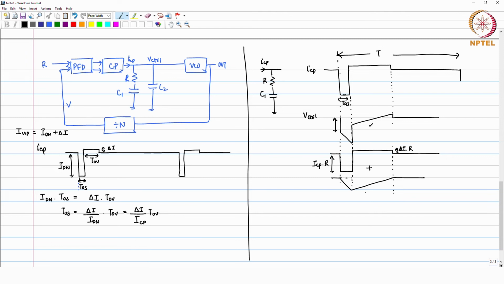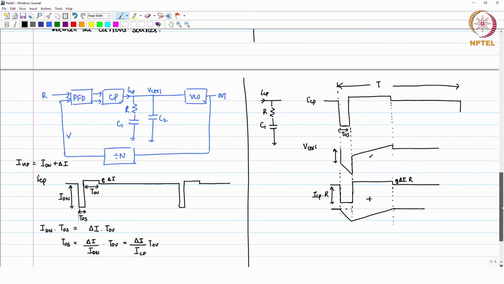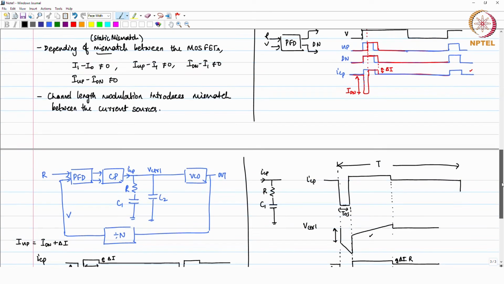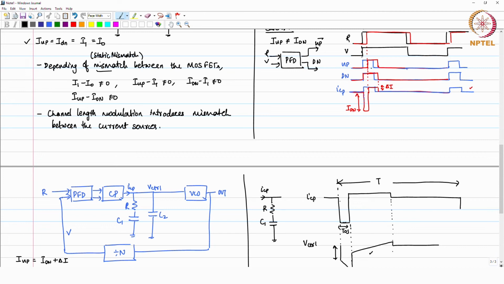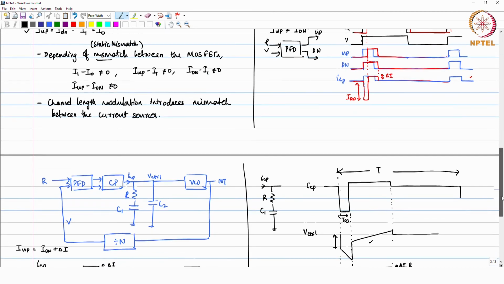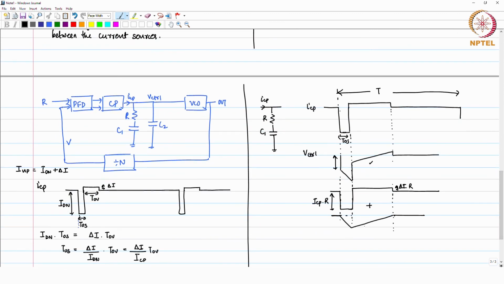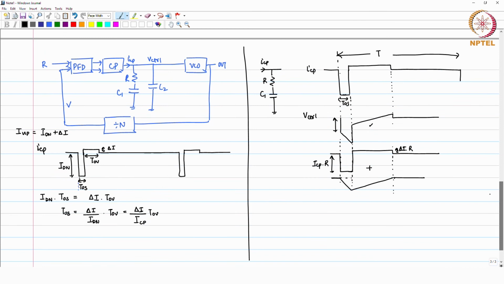So, the total charge, what I am saying is you start with V control as 0, you go negative, but at the end you again have V control as 0. Without this offset, with only the blue one, you may have V control going always in one direction and remaining there. But now what you see is that V control decreases, and then it gets back to 0.